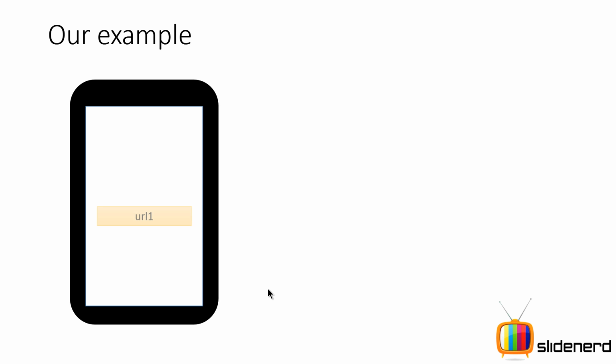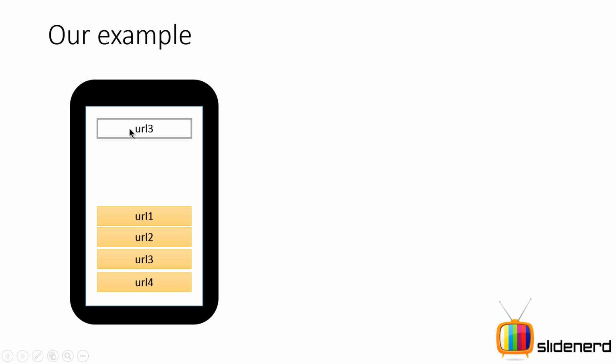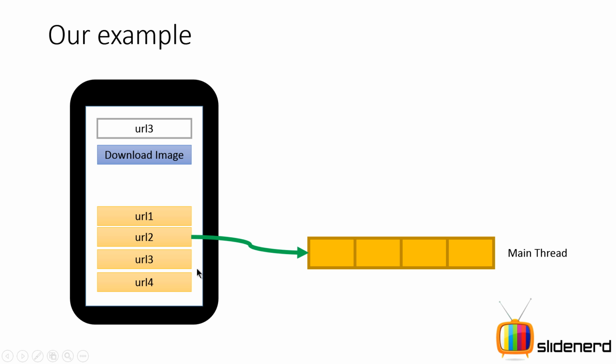So let me just give you a rough hint of what our example will do. We have an app which has different URLs over here. These are image download URLs. When I click on one of those URLs, it will be popped up here in the edit text that I have. There's a download image button. When I click on this button, remember the URLs are constructed as part of a list view which belongs to the main thread.